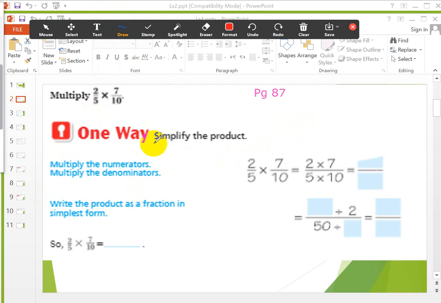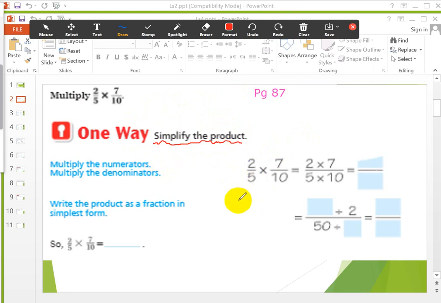Actually, I don't prefer this way because it will make the numbers bigger, and it's not easy for me to know the greatest common factor for the numerator and denominator. But let's find the answer by using this way.